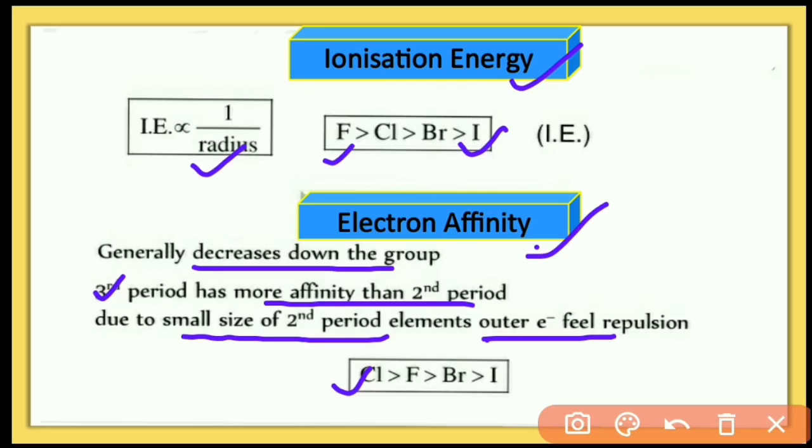Due to the compact size of fluorine, electrons repel each other, so fluorine has less electron affinity as compared to chlorine. So the order of electron affinity for the halogen family is: first chlorine, then fluorine, then bromine, and then iodine. This is most important.